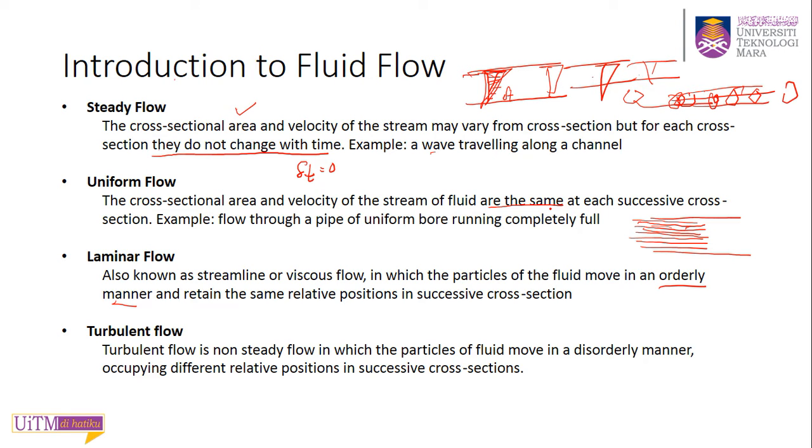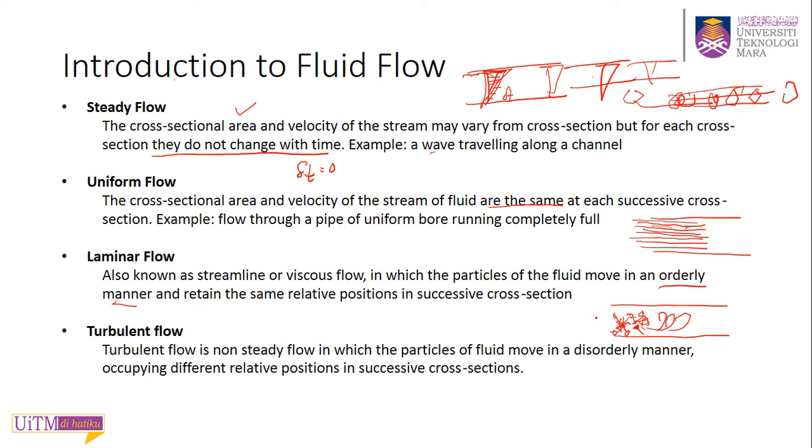But turbulent flow is the opposite of laminar, where the particles of the fluid inside the flow collide with each other. Let's say there are many particles, and they bump and crash into each other. If you see it in the real world, it will create turbulence, because they crash into each other.